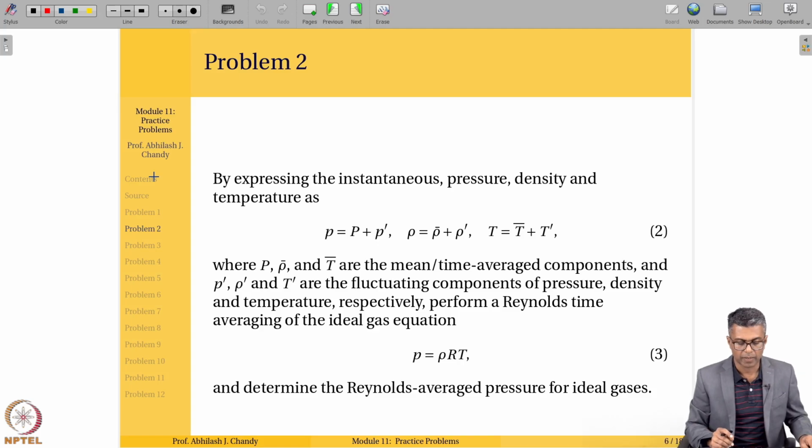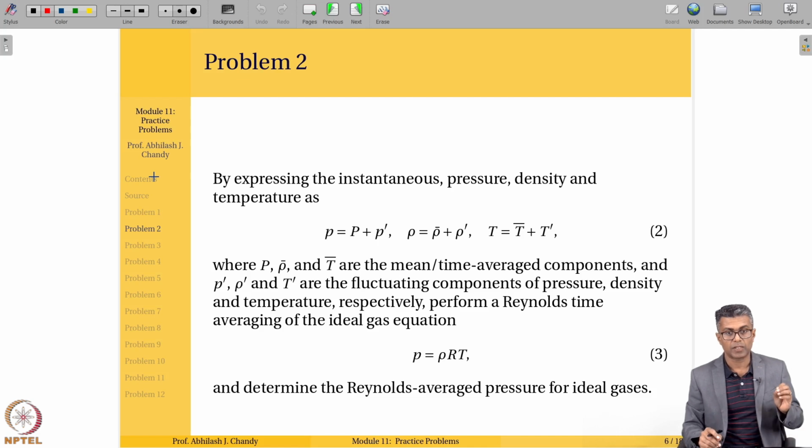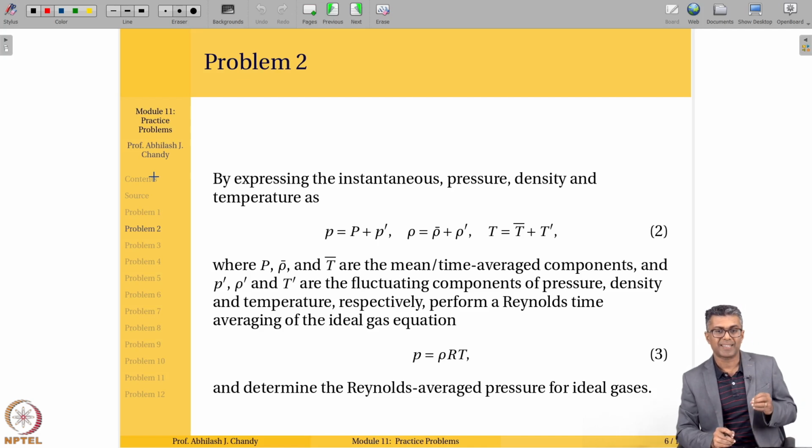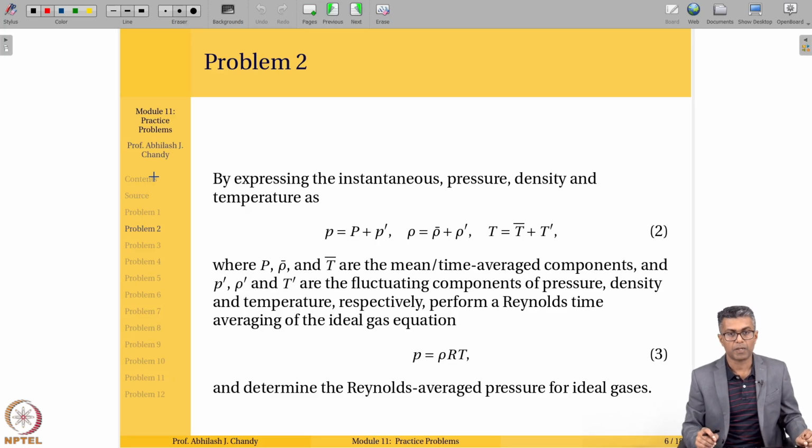So here this is the second problem. By expressing the instantaneous pressure, density and temperature as P is equal to capital P plus P prime, rho is equal to rho bar plus rho prime, and T is equal to T bar plus T prime, where capital P, rho bar and T bar are the mean or time average components, and P prime, rho prime and T prime are the fluctuating components of pressure, density and temperature respectively.